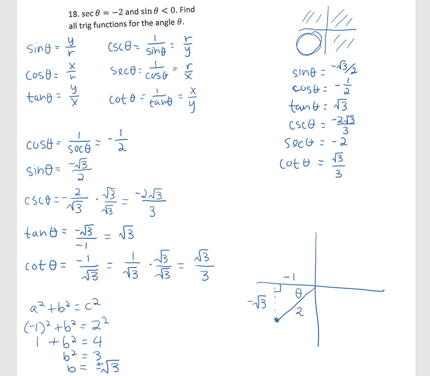And I believe the answer key might have cotangent theta as negative root 3 over 3, but we can be pretty sure it's positive because it's just the reciprocal of tangent, so it should have the same sign as tangent, which is positive. So these are the answers for all the trig functions of theta to answer question 18.